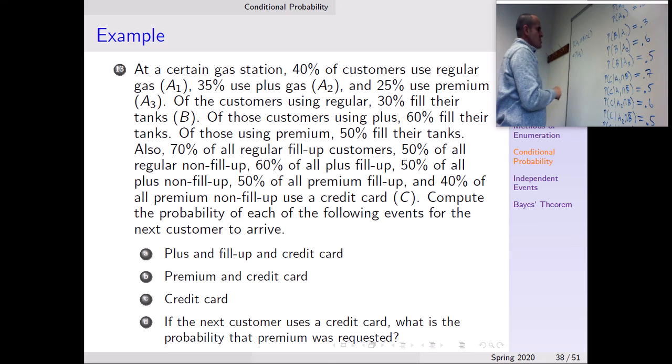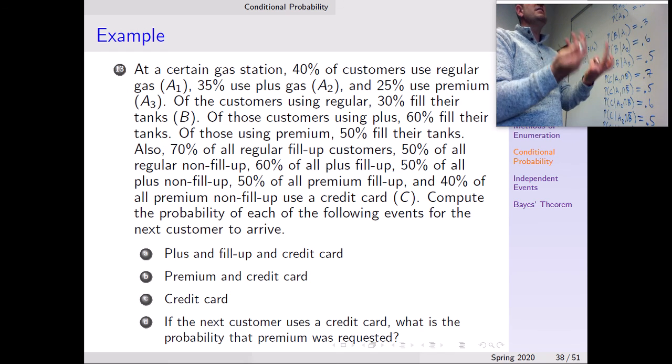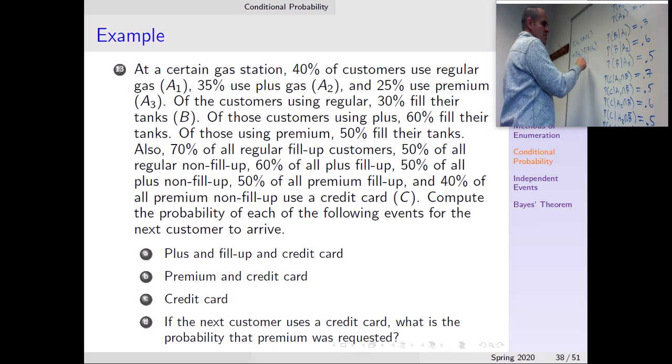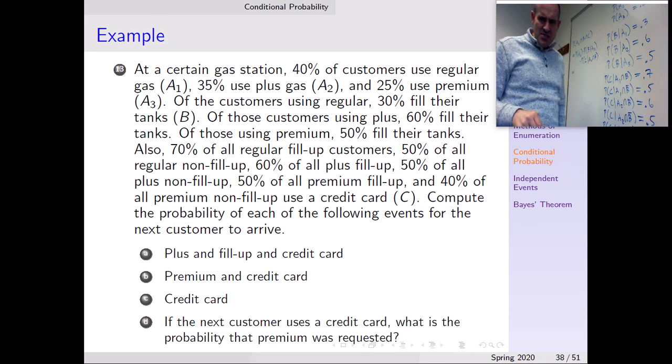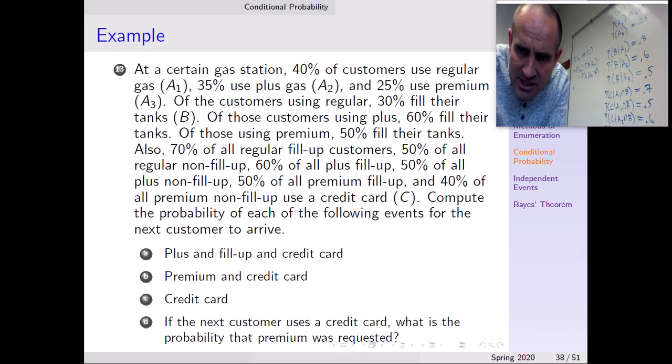The probability of A2, times the probability that they fill up given that they're a plus customer, times the probability that they use a credit card given that they're both a fill-up customer and a plus customer, so given A2 and B. And we know all three of these things. We know the probability of A2.